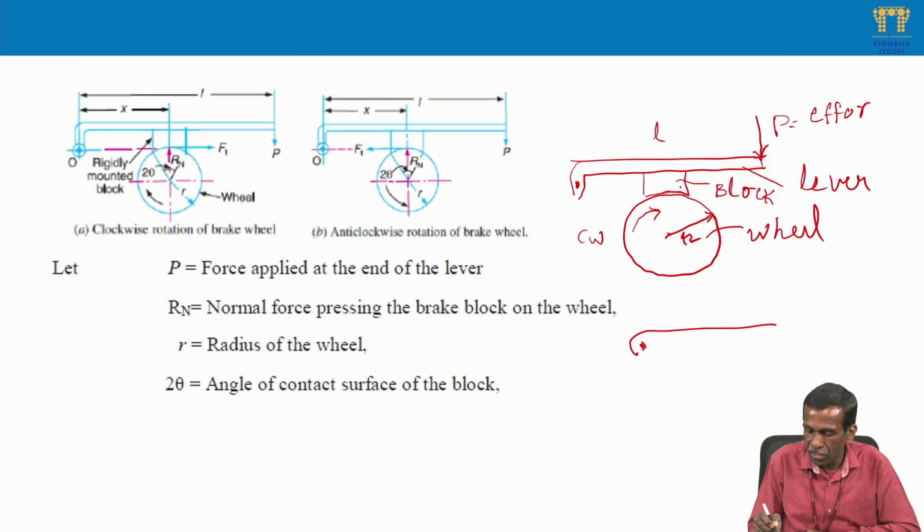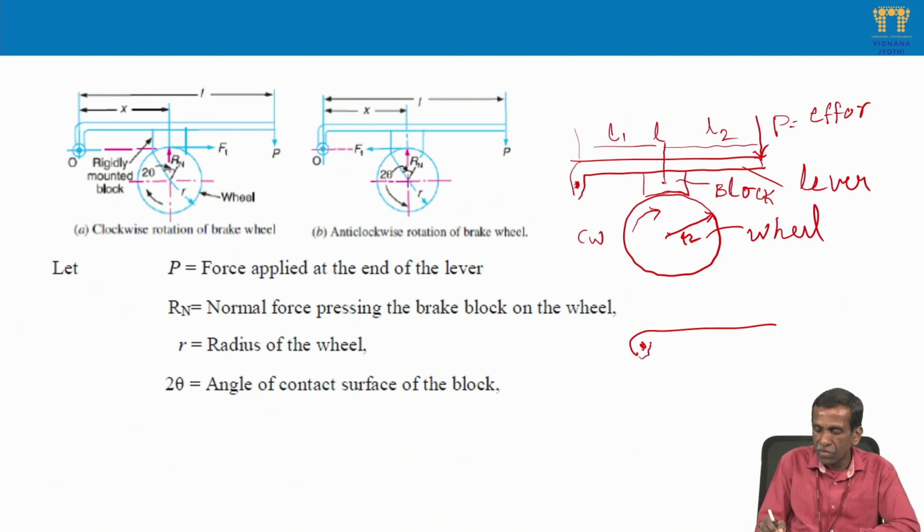The distance between the center of the shoe and the point where we apply the effort is L2, and the distance from the pivot to the center of the shoe is L1. The total length is L. So I am going to take the free body diagram of the lever with the shoe because this is one part.